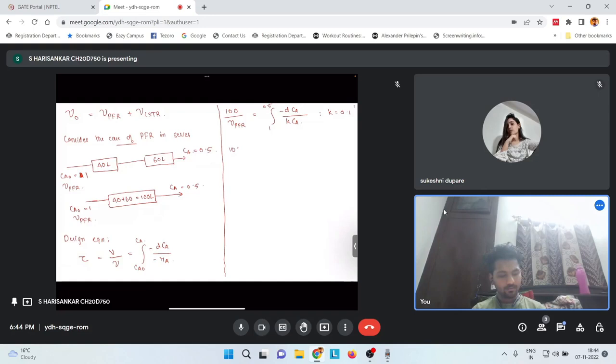So 100 by nu PFR will be equal to 1 by K, which is 1 by 0.1, and the integral of dCA by CA will be ln CA, from the limits 1 to 0.5. So 100 by nu PFR will be 1 by 0.1, that is 10, into ln 1 by 0.5.